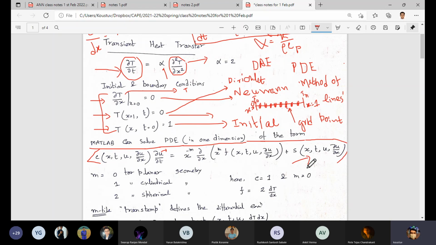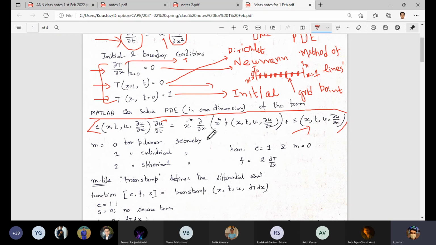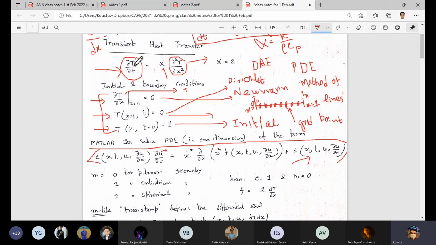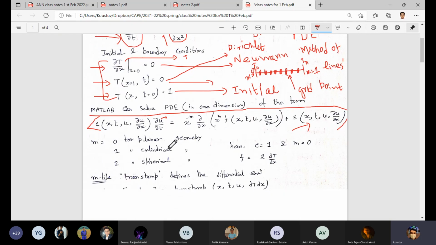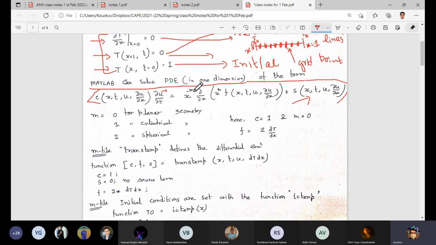So that term can also be present. It is a general statement, and it can be simplified to get these expressions. Here there is one coefficient, m, which defines the geometry of the problem, whether you are tackling a planar, cylindrical, or spherical geometry.